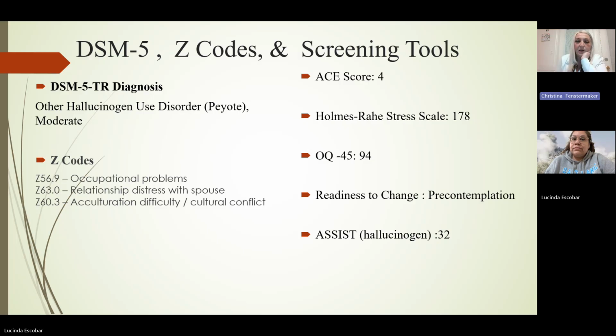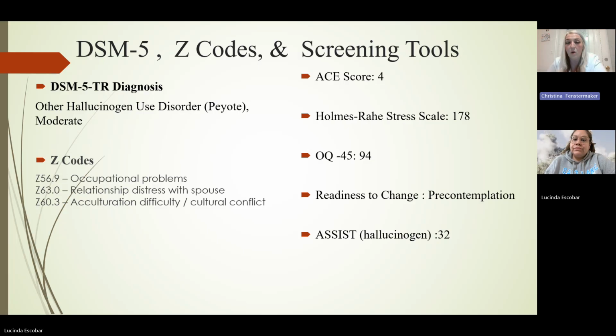Also in this one, we did talk about what screeners we did as well. So for instance, he scored a 4 for his ACE, which is significant exposure to childhood adversity and is associated with increased risk of substance use disorder, managing his emotional regulation and lack of coping skills as an adult.